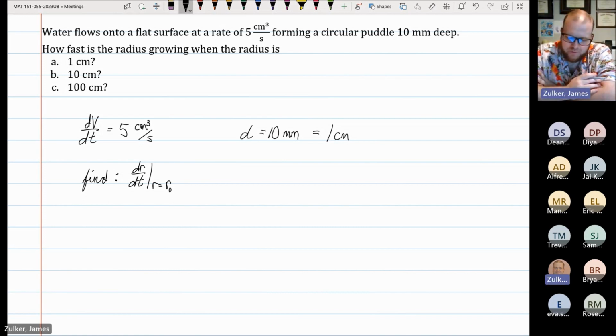Now we have to find the model. Now we have volume. We have depth.